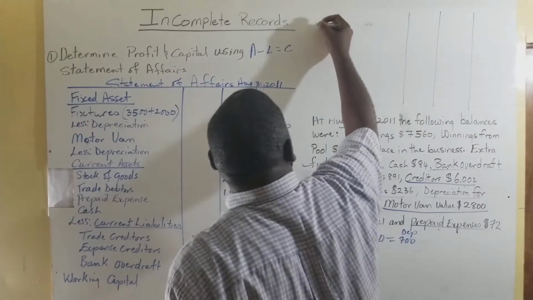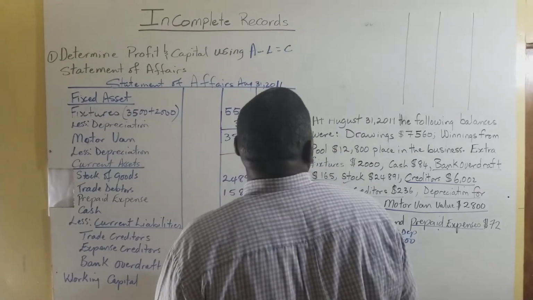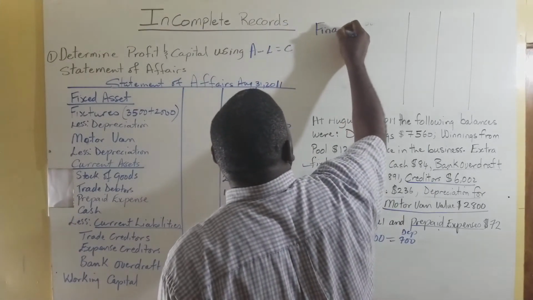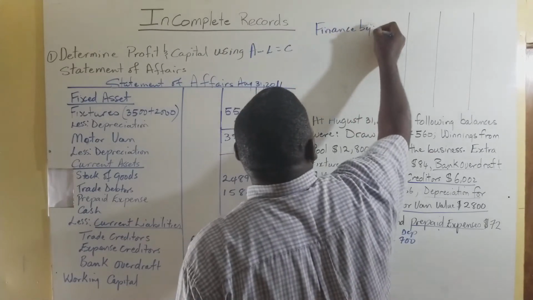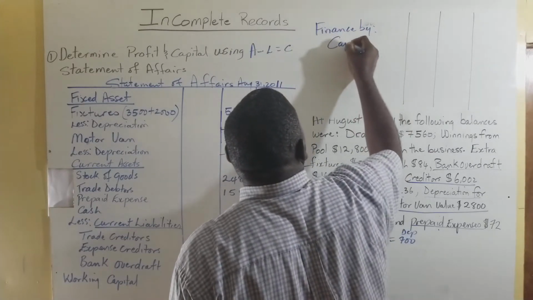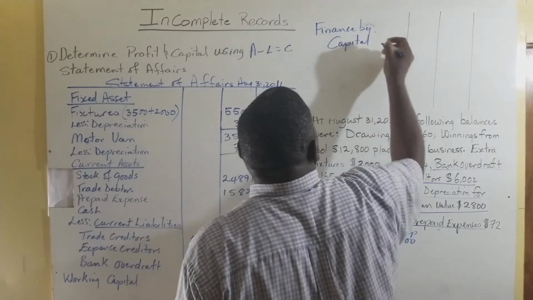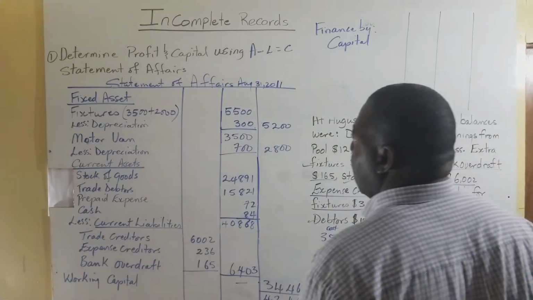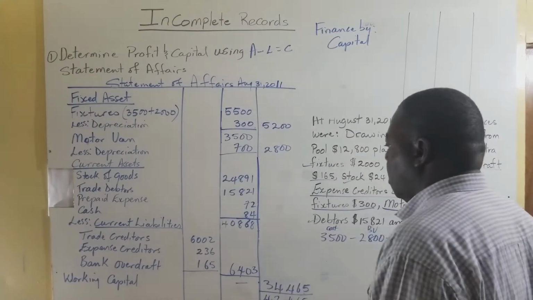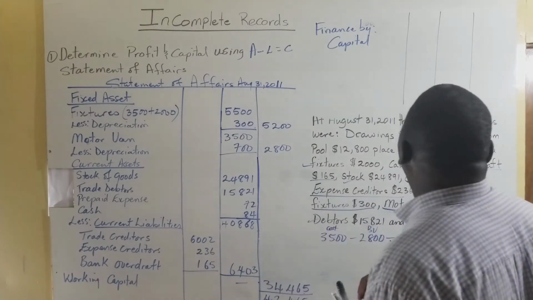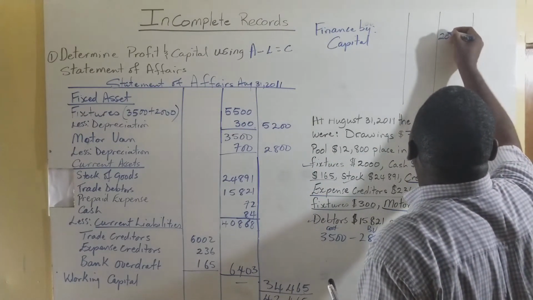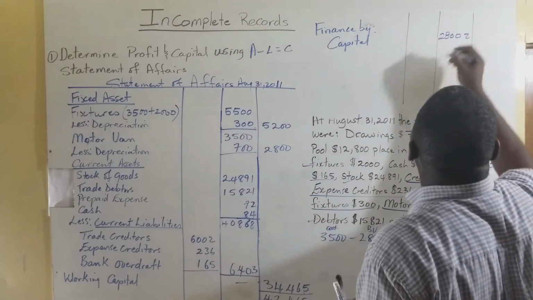So we're going to be starting with financed by, and that is our capital. And the capital figure, yes, we found that earlier, the capital figure of 28,002.